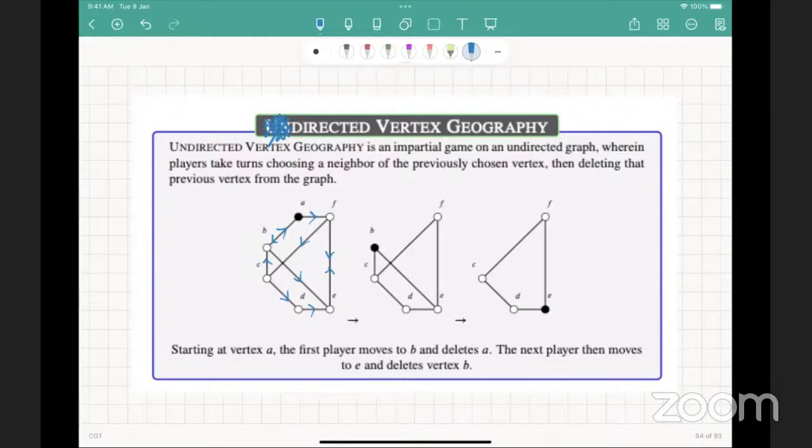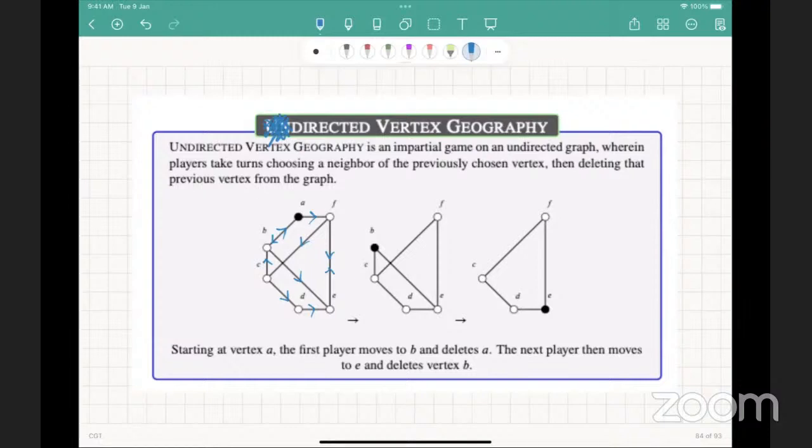I think this is also where the book chooses to pretty much stop as far as geography is concerned. You can, of course, find out more about Hamiltonian paths, Euler walks, Euler tours, and directed Hamiltonian paths. These are all the sort of graph theory concepts that are very naturally associated with these games. And you could find out more about algorithms to find these substructures.